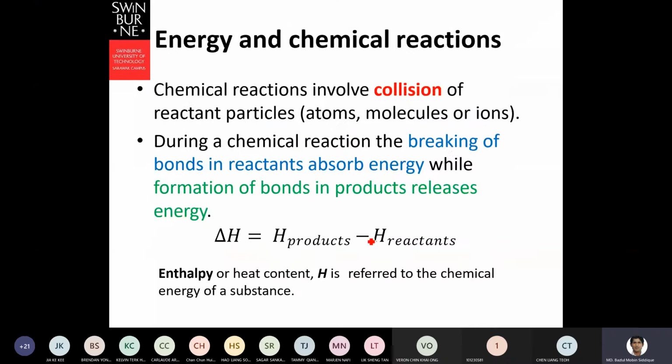So, energy and chemical reactions: how are these two related to each other? When a chemical reaction occurs, it happens due to collision. The atoms, molecules and ions collide with each other to produce a product.